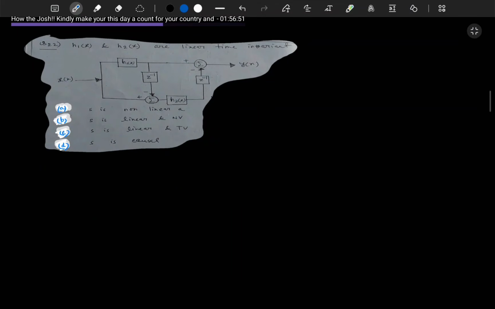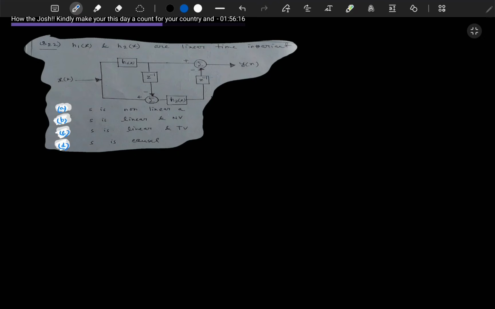Now question number 22. Here h1 and h2 are linear time invariant. So the overall system, how is it: non-linear, linear and not time variant, or linear and time variant? S is causal.